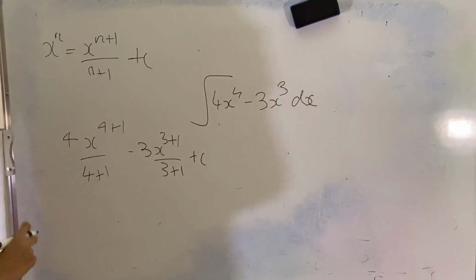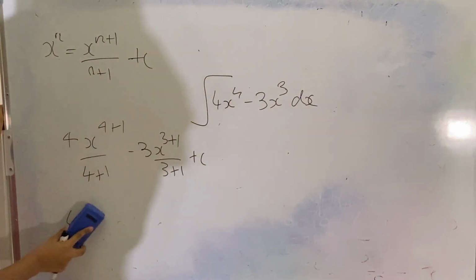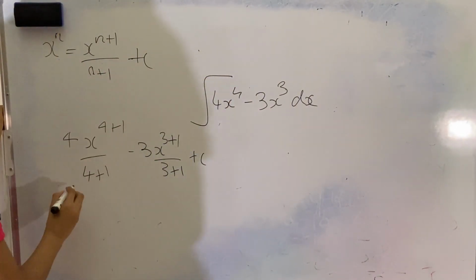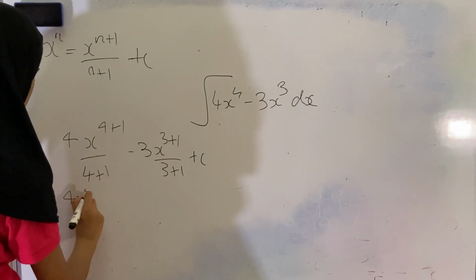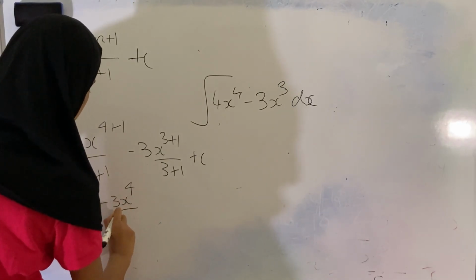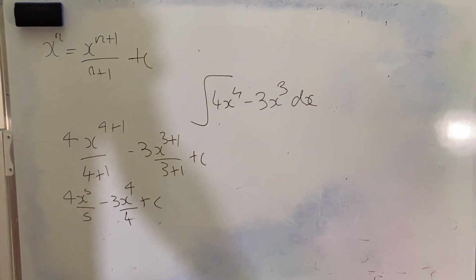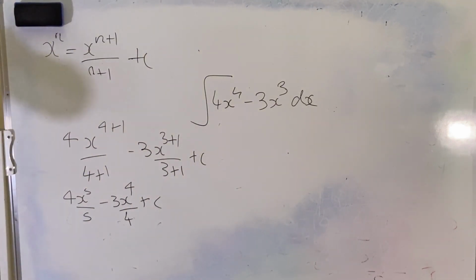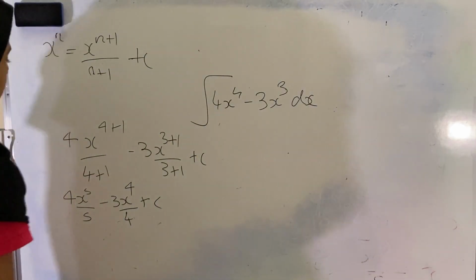So 4x raised to 5 by 5 minus 3x raised to 4 by 4 plus c. So the answer of 4x raised to 4 minus 3x cube is 4x raised to 5 by 5 minus 3x raised to 4 by 4 plus c.